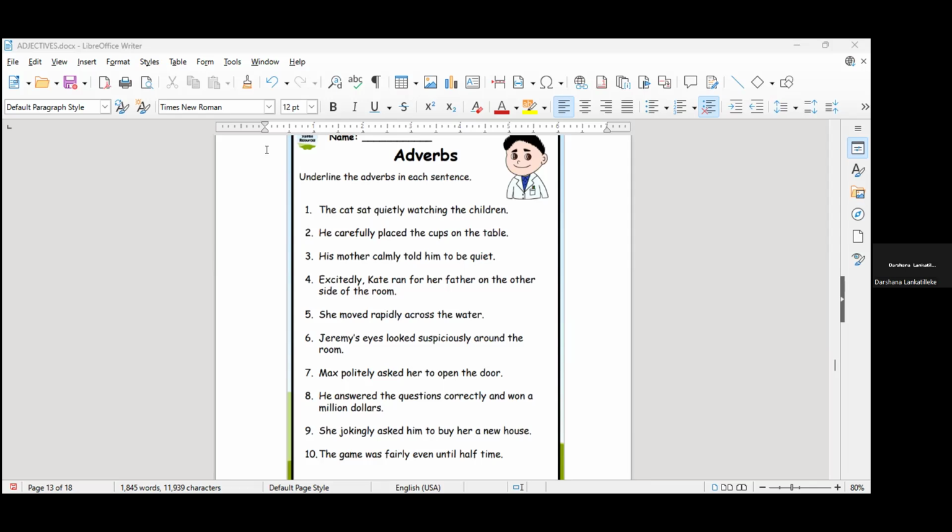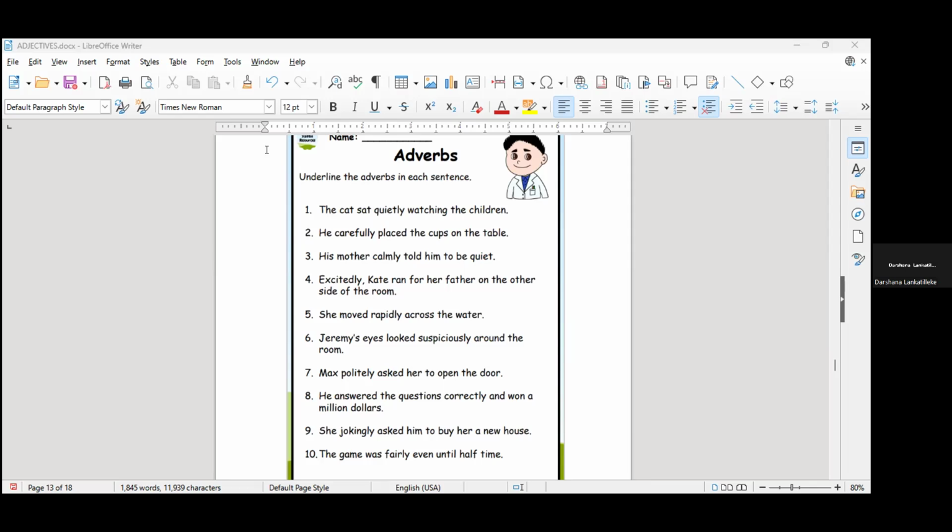Number 6, Jeremy's eyes looked suspiciously around the room, right? Jeremy's eyes looked. Looked is the verb here. Looked how? Suspiciously. Suspiciously is the adverb here. That's correct. Then, Max politely asked her to open the door. Max asked. Asked is the verb. Asked how? Politely. So politely is the adverb here.